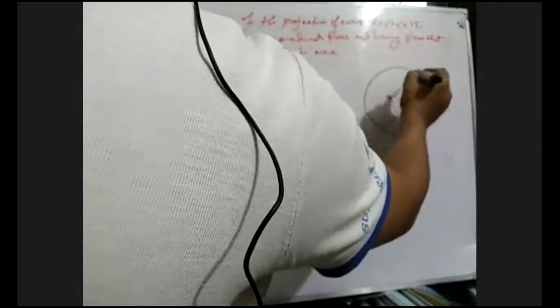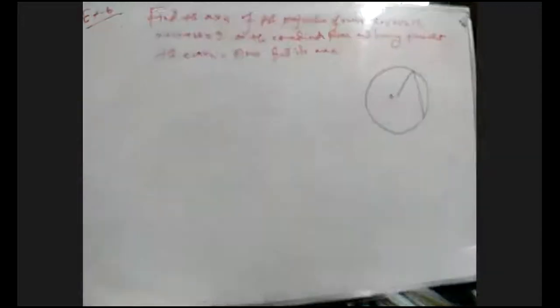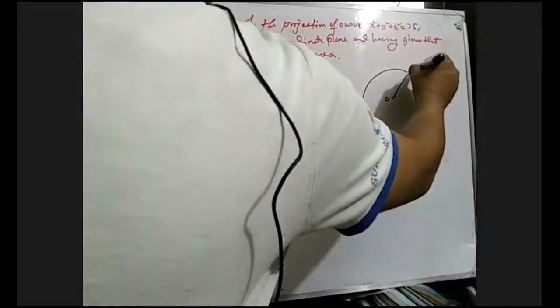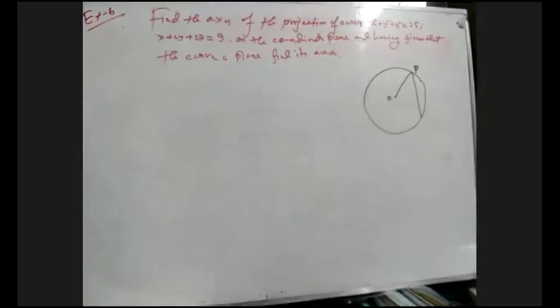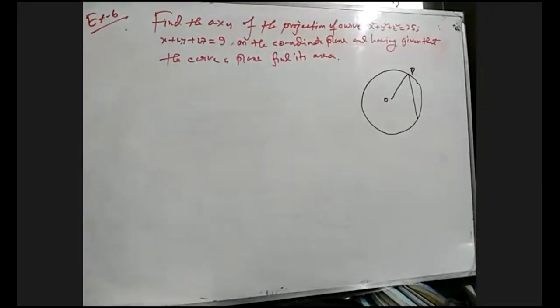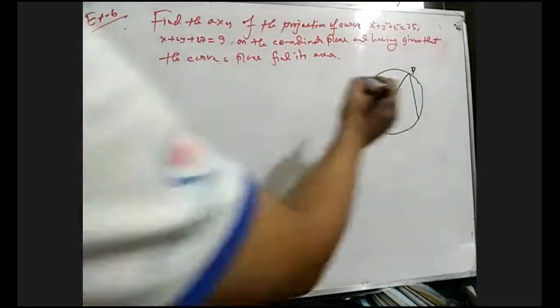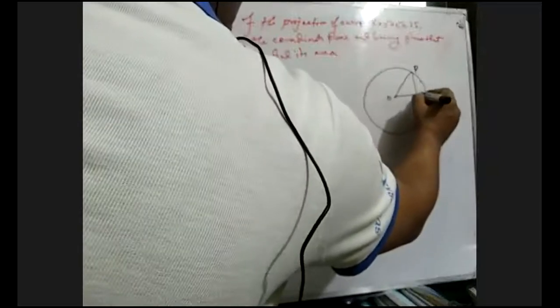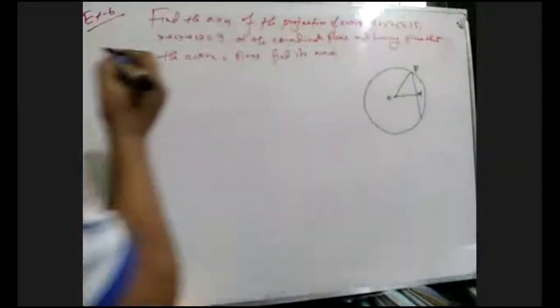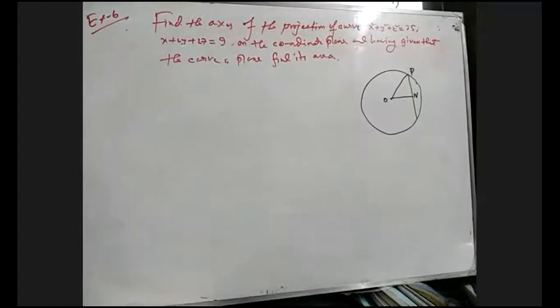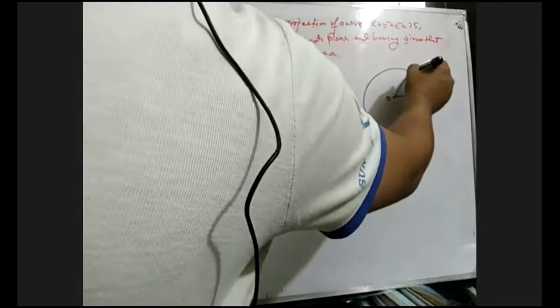This is the radius of the sphere. Suppose this is the point P, radius of the sphere OP equals what? And this is the perpendicular line. This is the N. So we get a circle after cutting this.